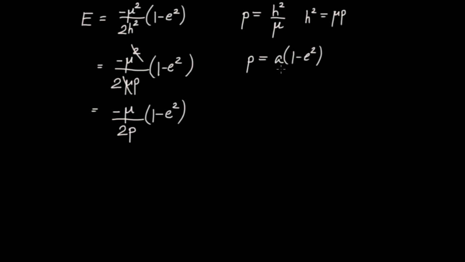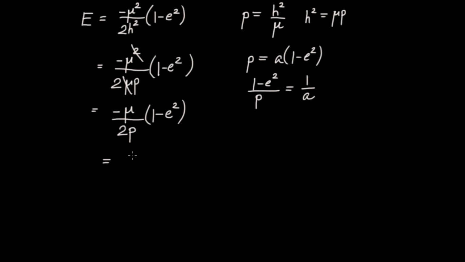Now, if I rearrange this, I can show that 1 minus e squared over p is equal to 1 over a. Because you can see if I cross multiply this equation, I just get back to this equation. So I have 1 minus e squared over p is equal to 1 over a. So I'm going to make that substitution.